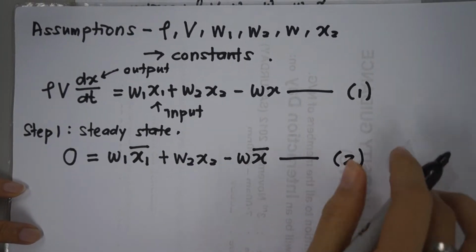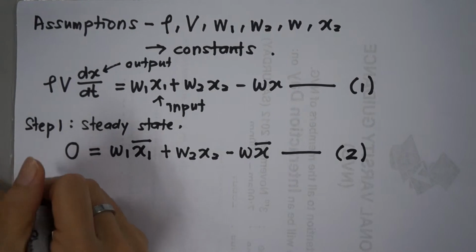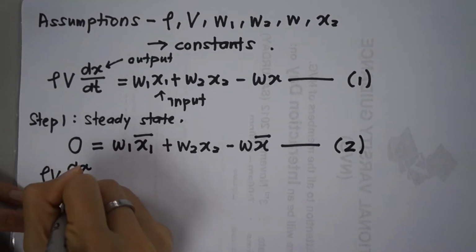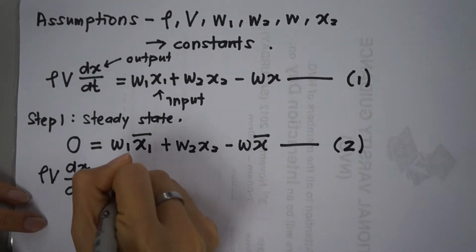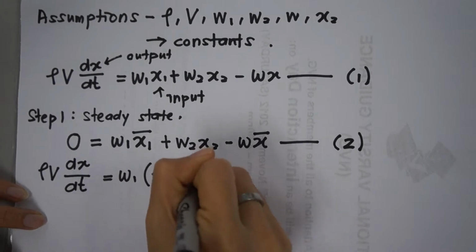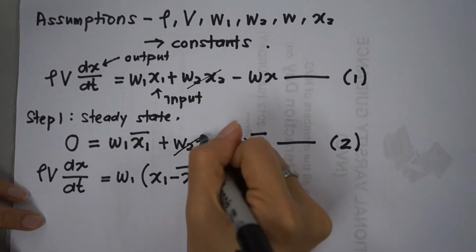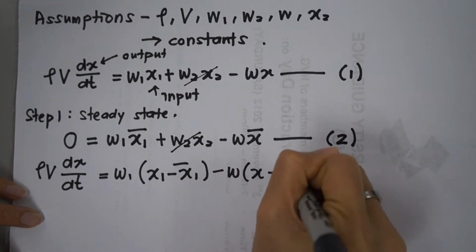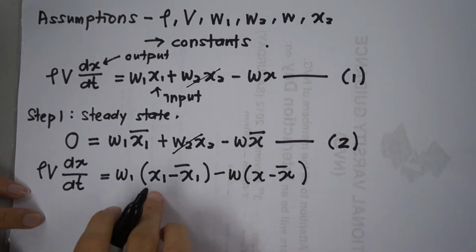What we do now is take equation 1 minus equation 2. So you should get this. And you can just put it all in. This w2 shall cancel off, and you get this. Okay, it's a bit confusing.